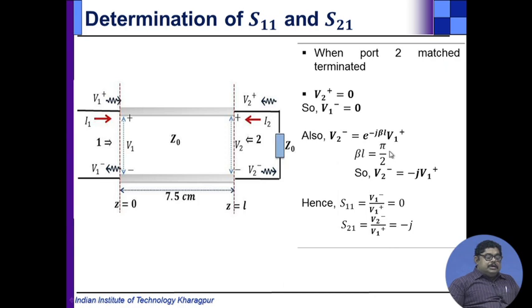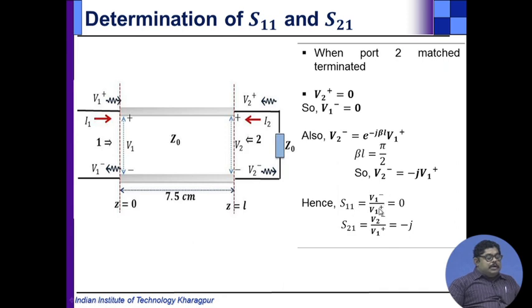Beta L, as I said, is pi by 2. So, V2 minus becomes e to the power minus j pi by 2, which is minus j, times V1 plus.